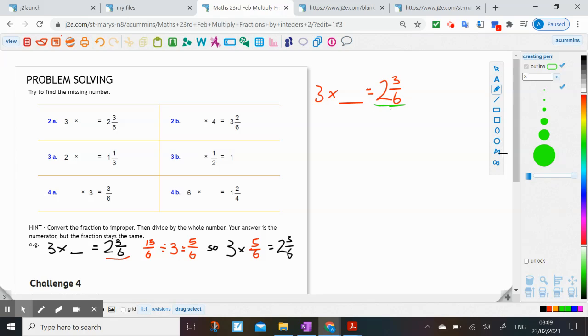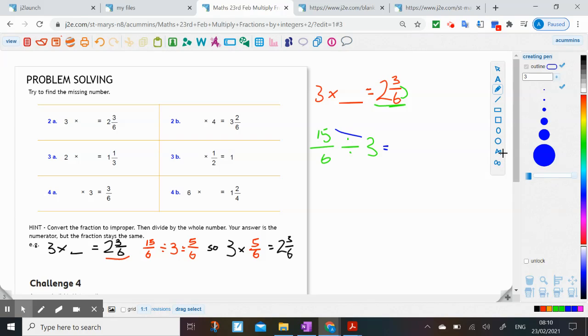So 2 and 3/6, let's convert that to improper. 2 times 6, of course, is 12, and then add the 3, so we get 15/6. And we're going to divide by 3, because it was 3 that was in our question. What we're doing here is very similar.